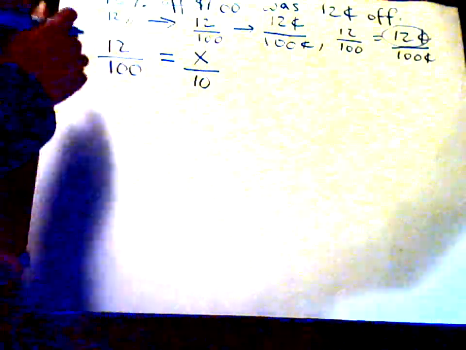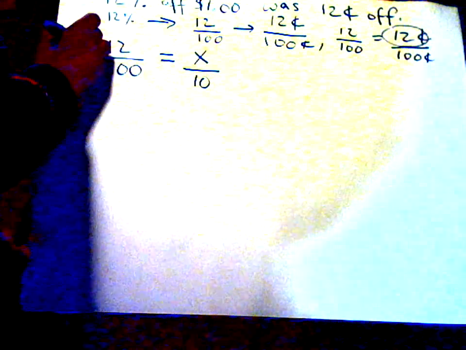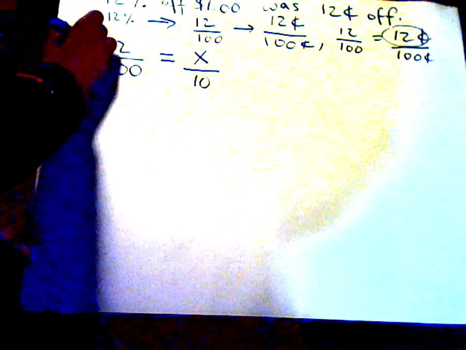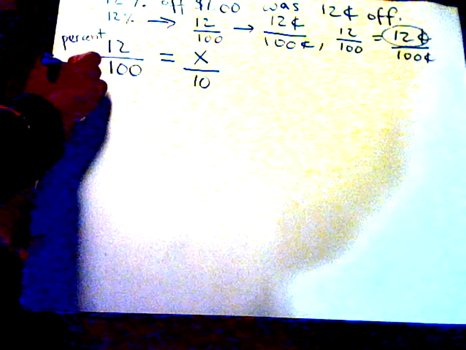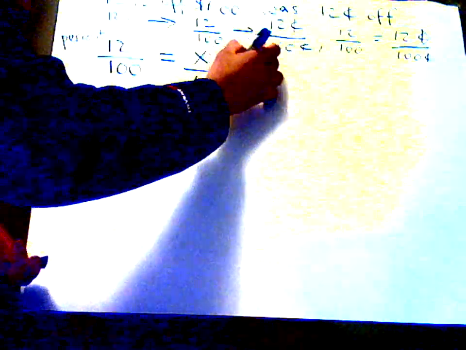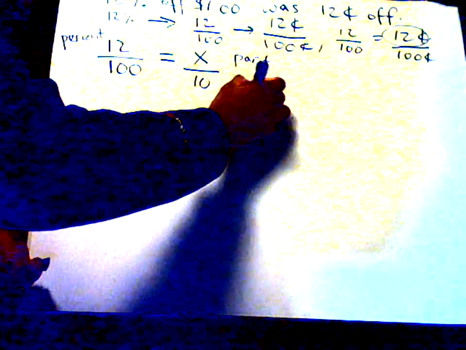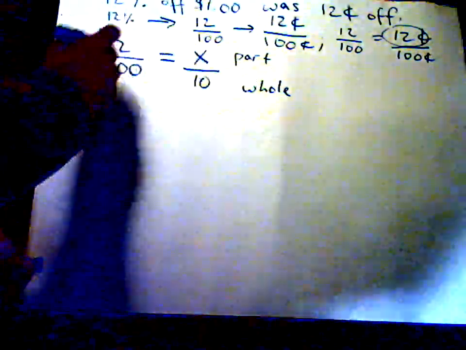Yesterday we used the same thing: percent over 100 is equal to the part over the whole. Or you can read it as part over whole equals percent over 100.